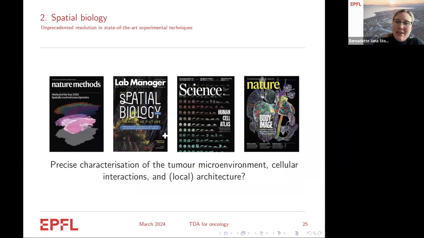In biology, this is motivated by methods coming out of spatial biology. So this is a whole range of novel experimental techniques which can spatially resolve, for example, transcriptomic data or gene expression data, different proteomic data, and so on. Now, one of the goals that was announced when these methods first started coming out was that we would finally be able to precisely characterize the tumor microenvironment.